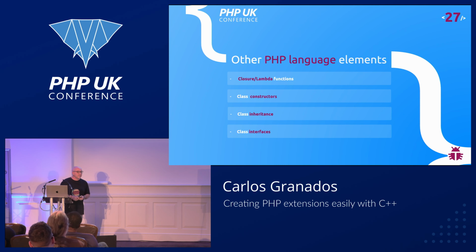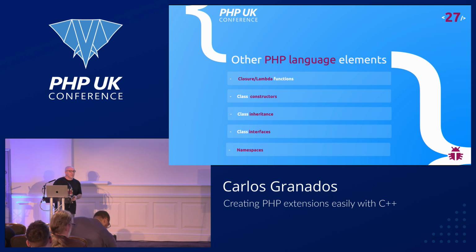It supports interfaces, so you can create classes that implement some kind of interface, and it will enforce everything that is related to an interface. It supports namespaces, so you can define your classes within any specific namespace, and it will be used the same way that you would do on the PHP side.